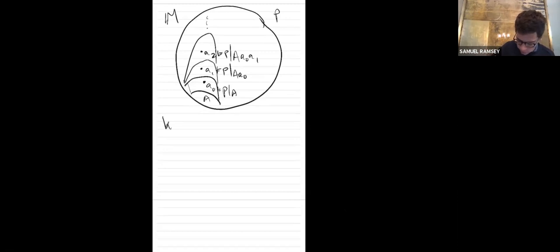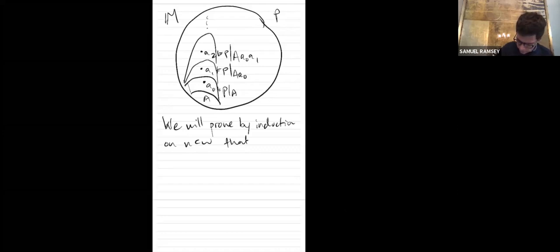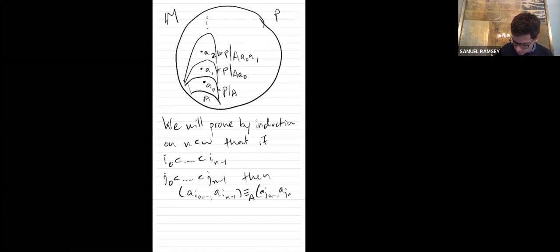What we will do is prove by induction on n less than omega that if i0 is less than ... is less than i_{n-1}, and j0 is less than ... j_{n-1}, then we have that A_{i0} through A_{i_{n-1}} has the same type over A as A_{j0} through A_{j_{n-1}}.